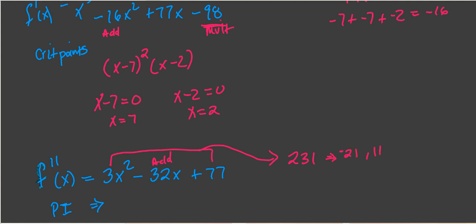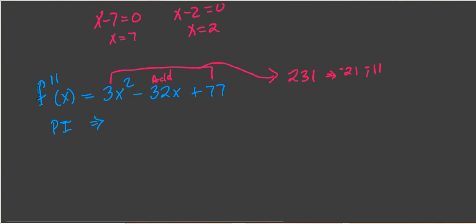And if we make them both negative, then that would add up to be negative 32. So we could write this as x minus 21 and x minus 11. But we can't forget that we need to divide by this leading coefficient of 3. So we'll divide by 3. Now, we can take x minus 21 divided by 3 equals 0.